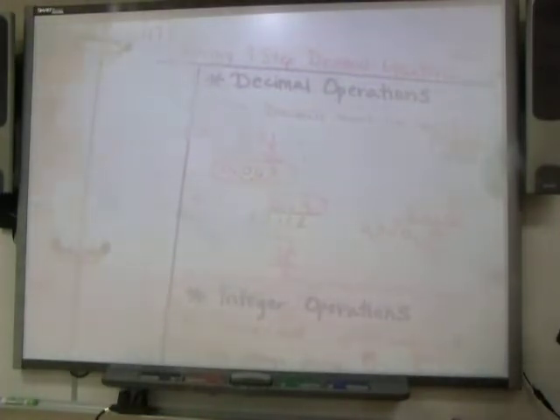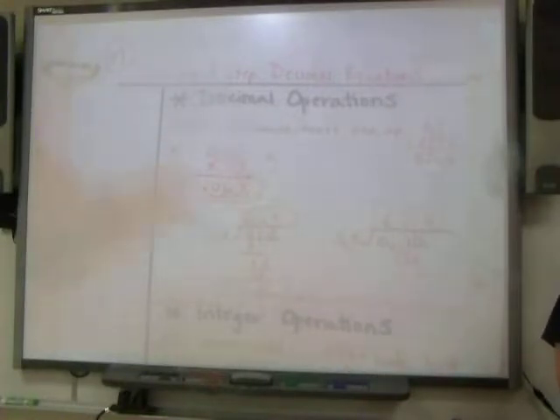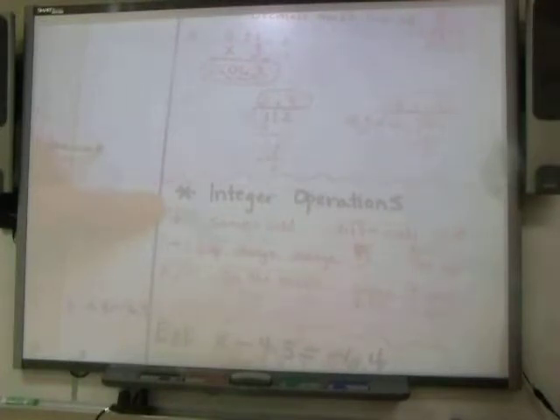Now, just like yesterday when we went over solving one-step decimal equations, we took a moment to be reminded of what our decimal operations were. And then we went over our integer operations. We're not going to go back over integer operations today.